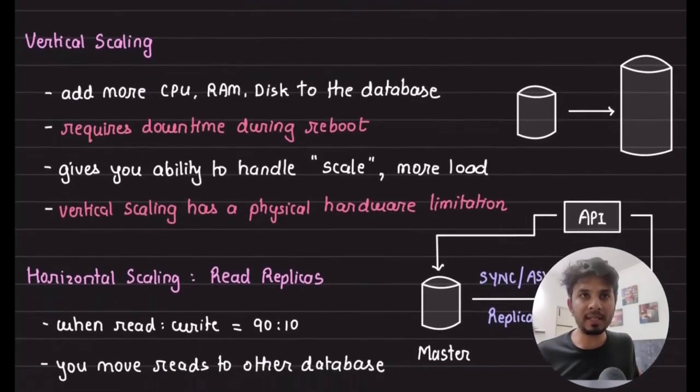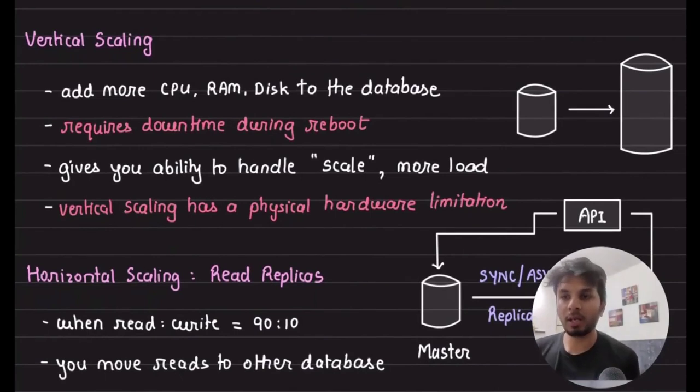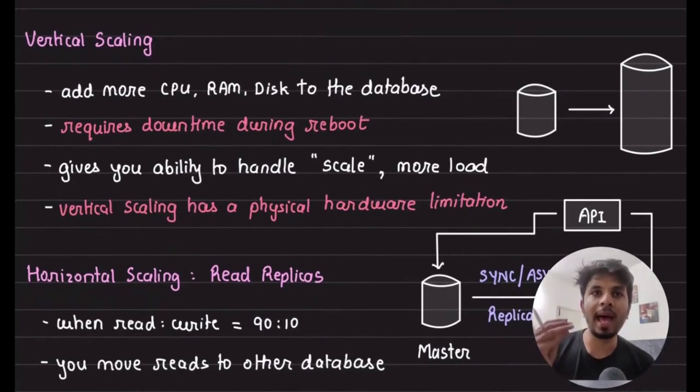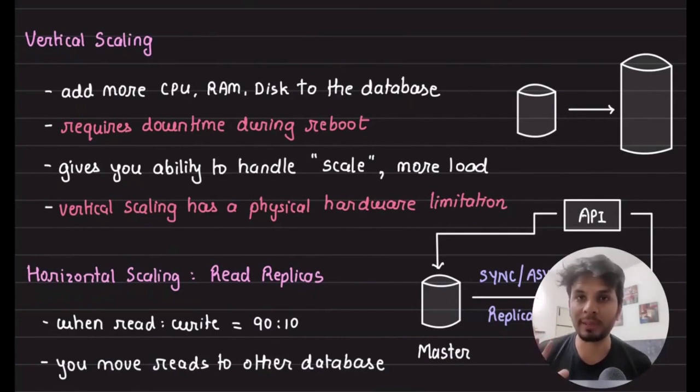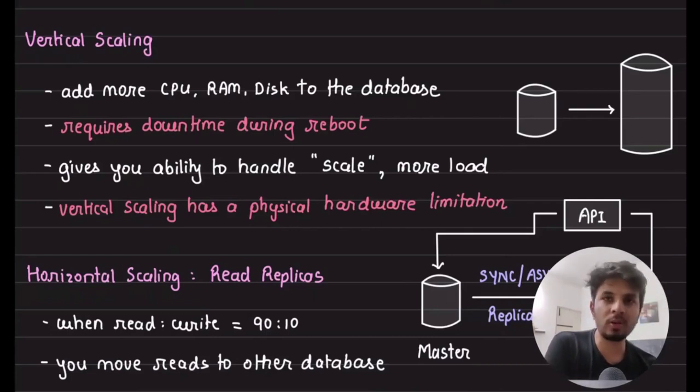When you talk about vertical scaling, it is all about adding more CPU, more RAM, more disk to the database. Let's say you are starting out, you just built an early version of your product, and you said, hey, 4 GB RAM is more than enough to store all the data that I have.